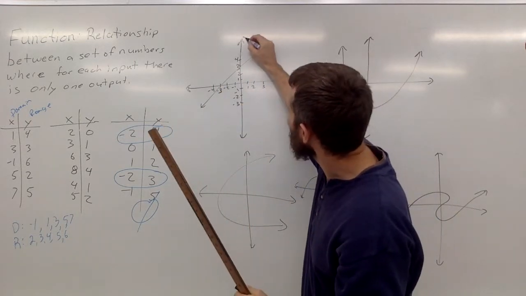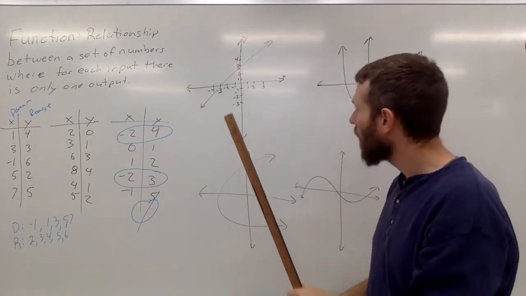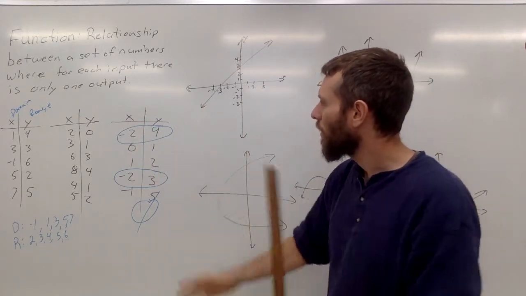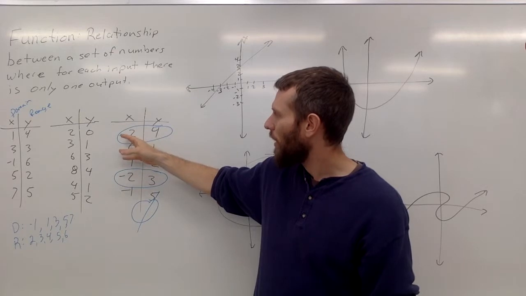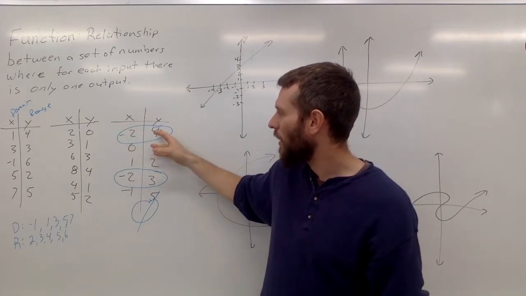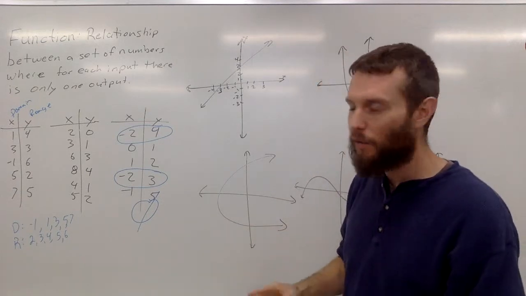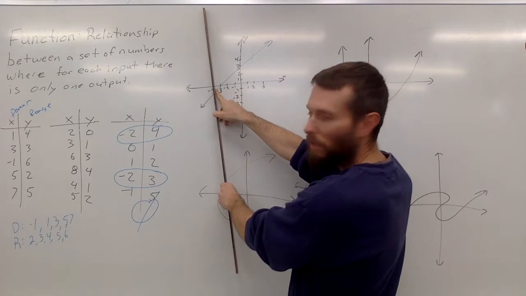This is our y-axis, this is our x-axis. What we're saying here is, if there's a place where we have an x value and it has two or more different y values, then that's not a function. So here, if I go across, this is where the x is -4.